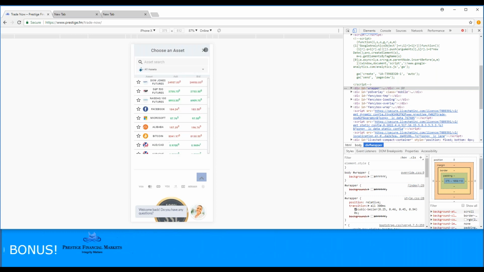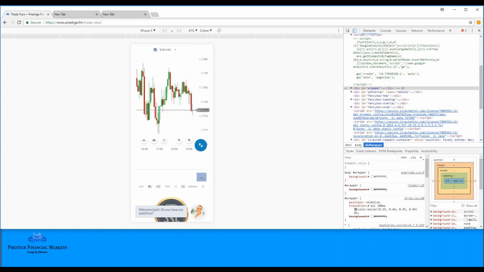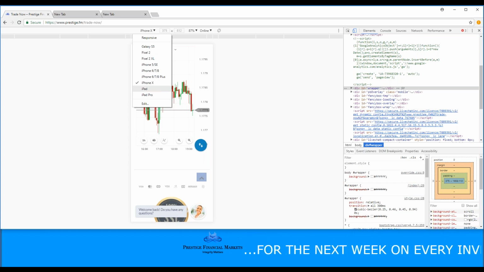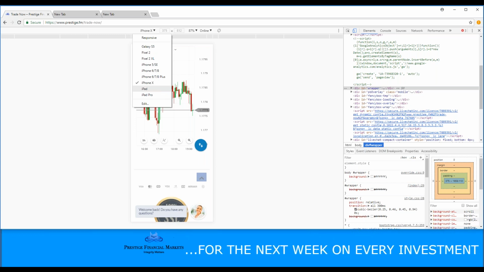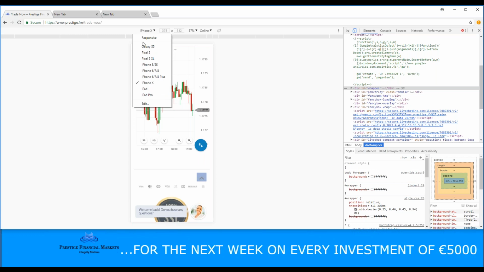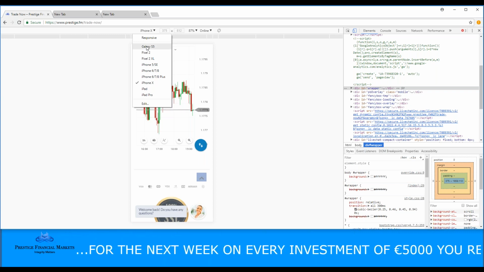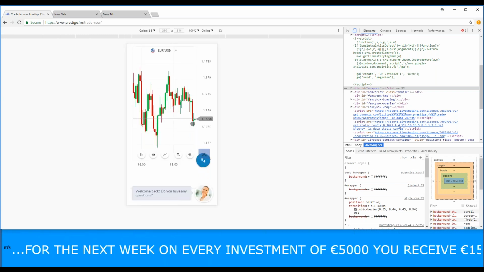You have just a few options here, so it is nothing complicated, I think. I tried it on a few devices, like iPad, Nexus, and Galaxy S5. We can see even here S5, so it is the same.